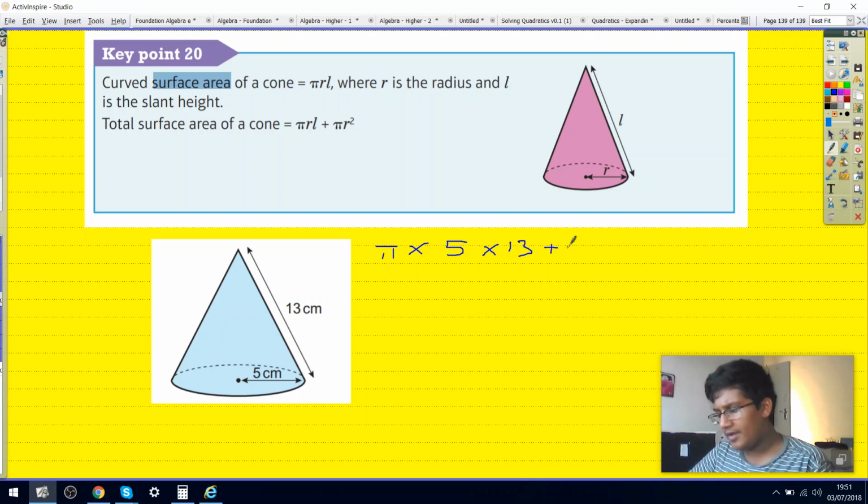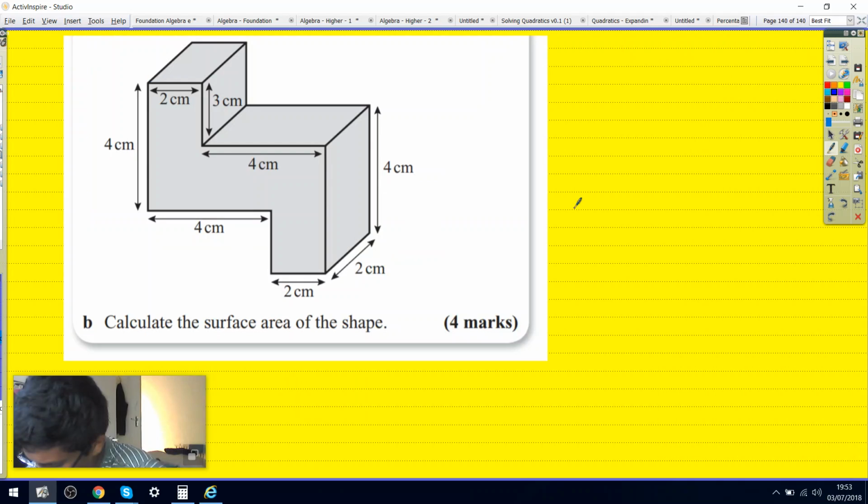That is 4, 2. So if we split this up into smaller shapes, we can do 4 times 2. If you could draw a line there on the diagram, you have 4 times 2, which is 8.